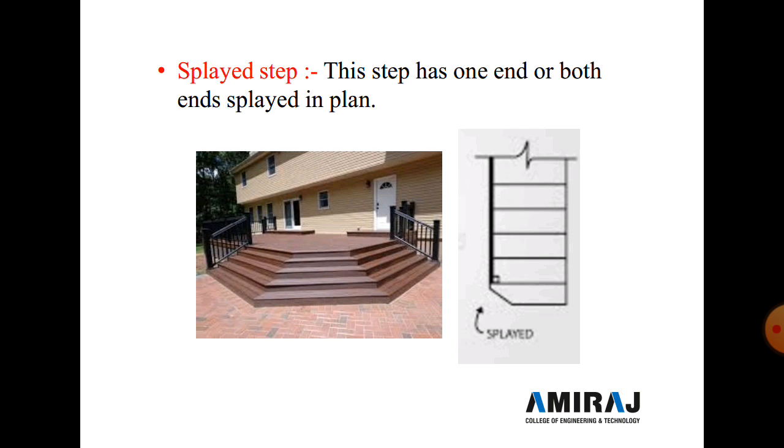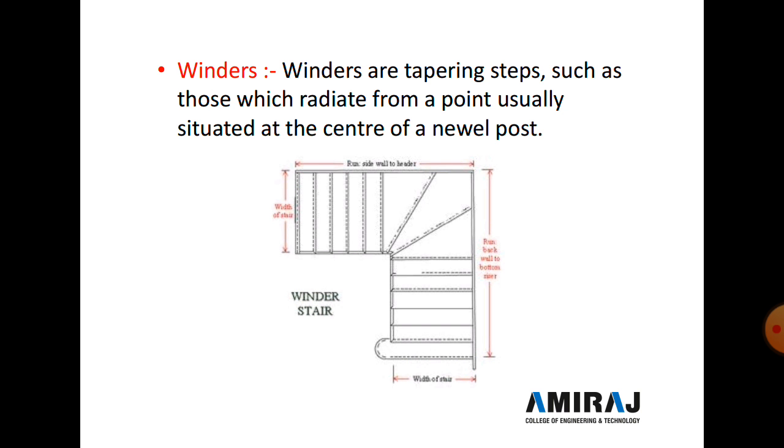Now the next type of step is a winder. Winders are tapering steps, such as those which radiate from a point usually situated at the center of a newel post. See this figure. In this figure, at the corner side, a winder step is provided.